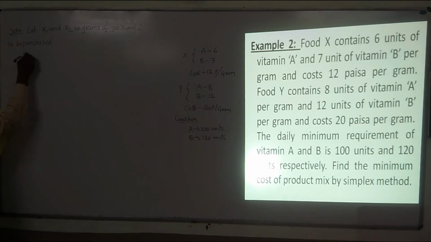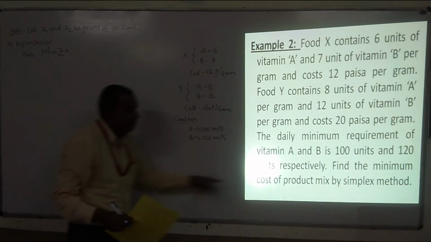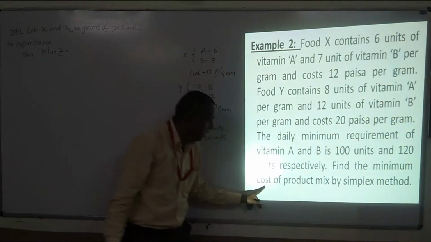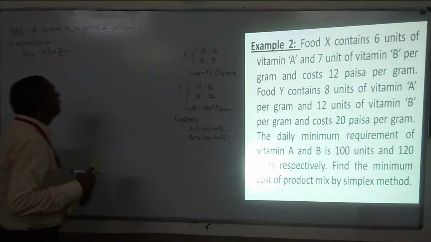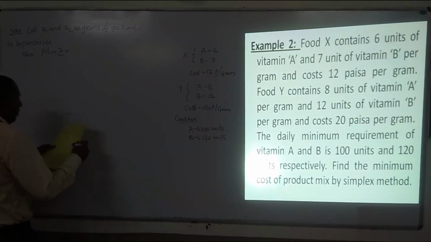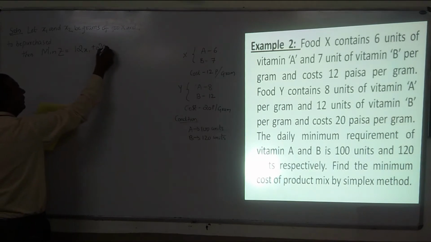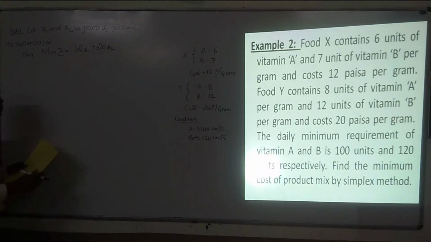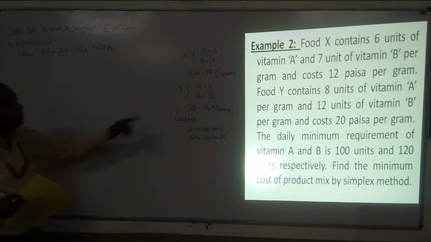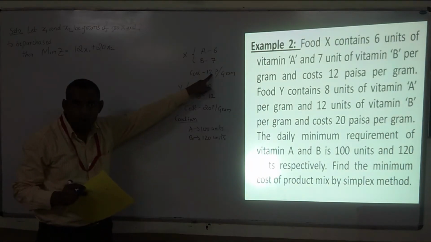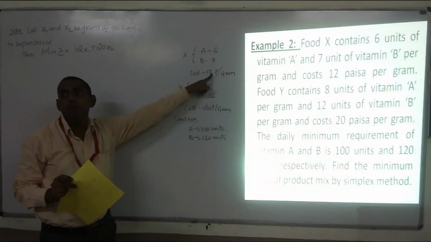Then min Z is equal to, because we need to find the minimum cost of the product mix, 12 x1 plus 20 x2. That is the cost, which is to be minimized.